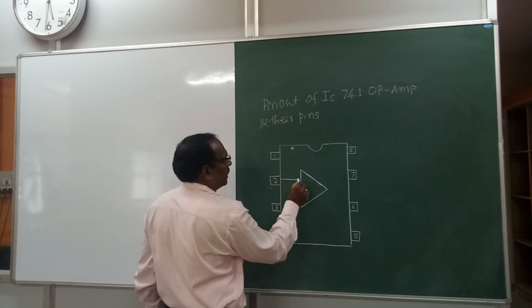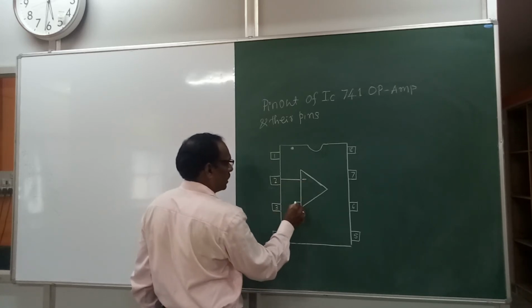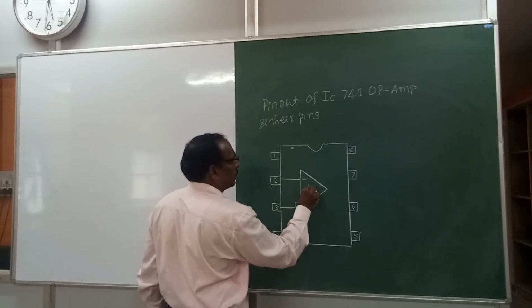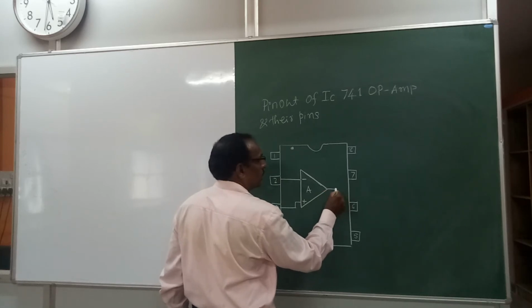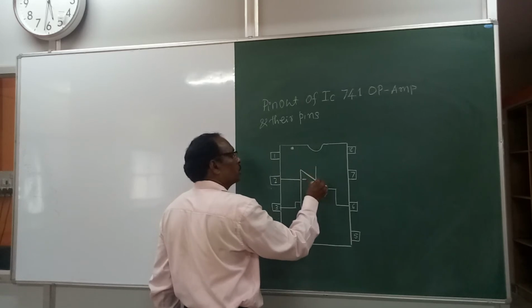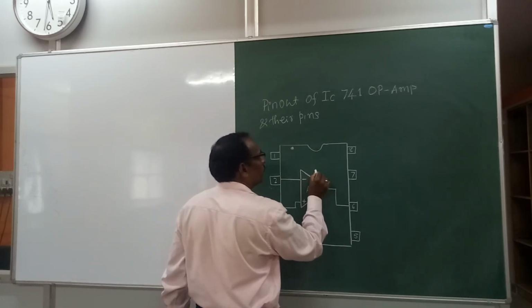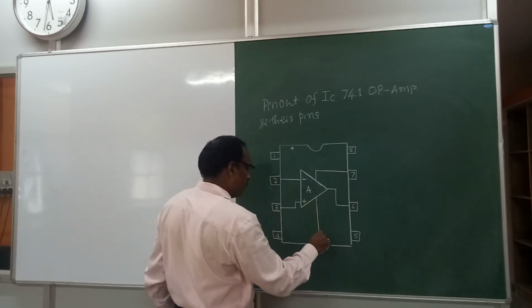This is connected to the negative input, and this is connected to the positive input. It is written here A. This goes to pin number 6, this goes to pin number 7 here, and this goes to pin number 4.